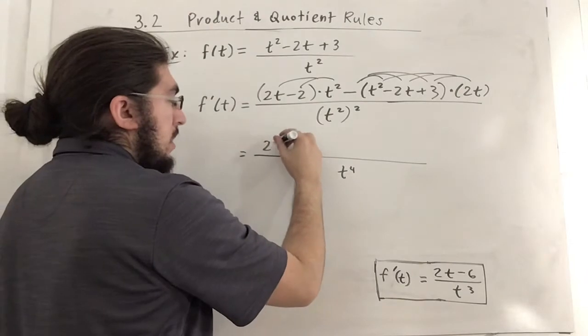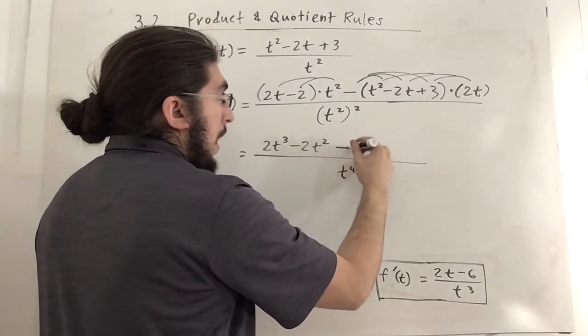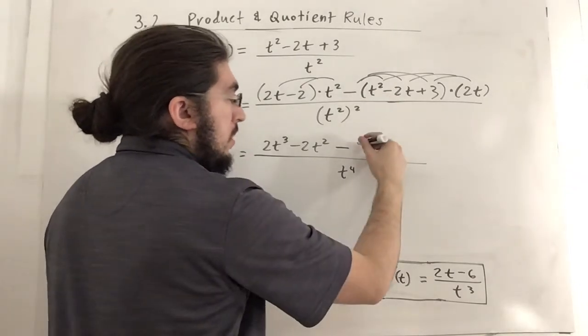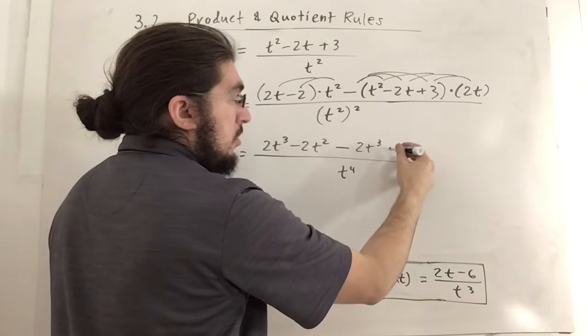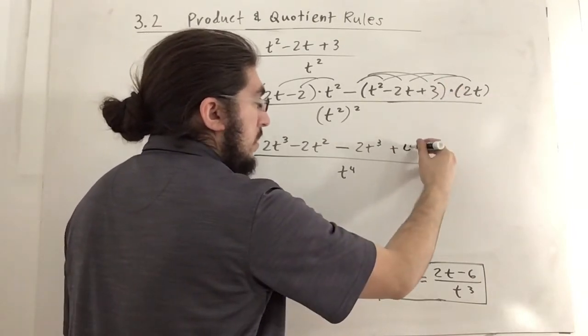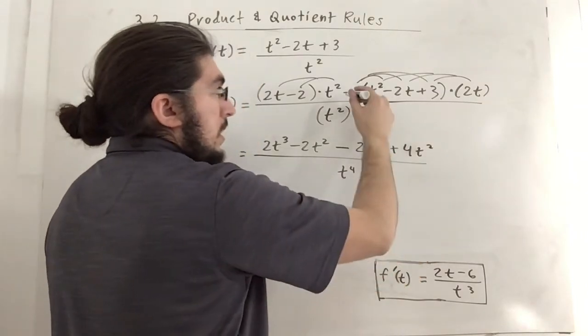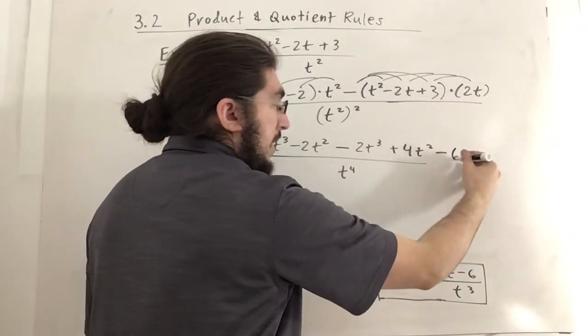But anyways, here we get 2t cubed minus 2t squared minus 2t times t squared is 2t cubed. Negative distributed here to the second term is positive. 2t times 2t is going to be 4t squared. Negative times this is negative 3, but that times 2t is going to be negative 6t.